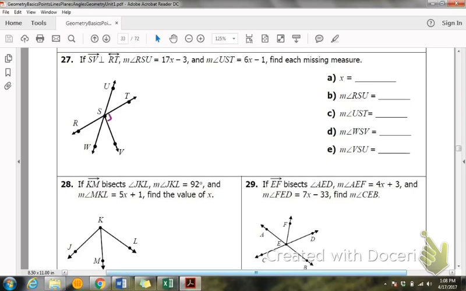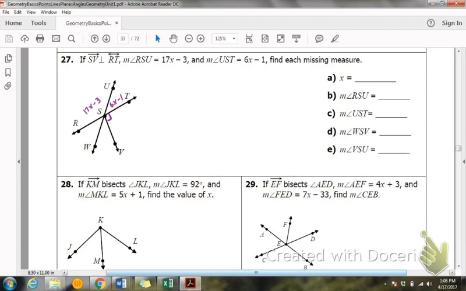RSU is 17x minus 3. And UST is 6x minus 1. So we're labeling our diagram. Find each missing angle or measure.